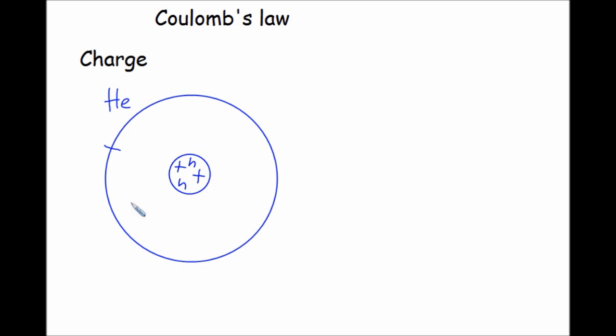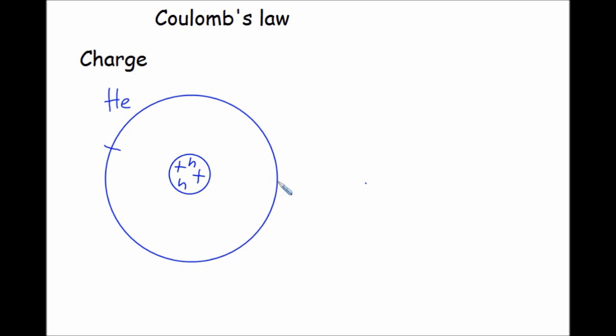So this atom is no longer neutral, but it is now positively charged because there are two protons and only one electron, which makes this atom positive. Although this would never happen to a helium atom because helium is a noble gas.